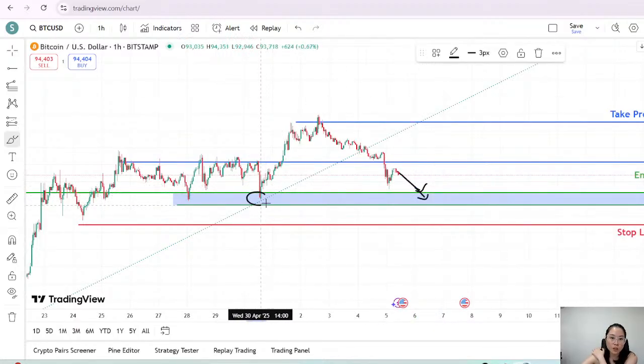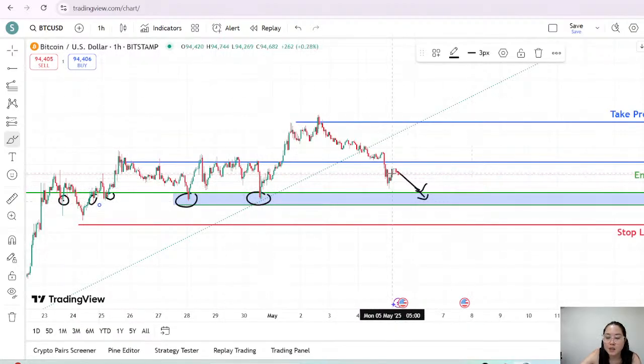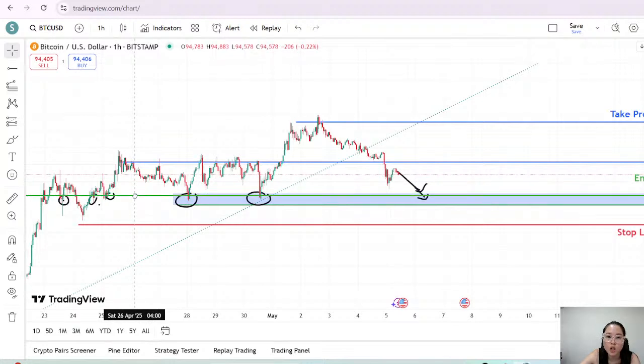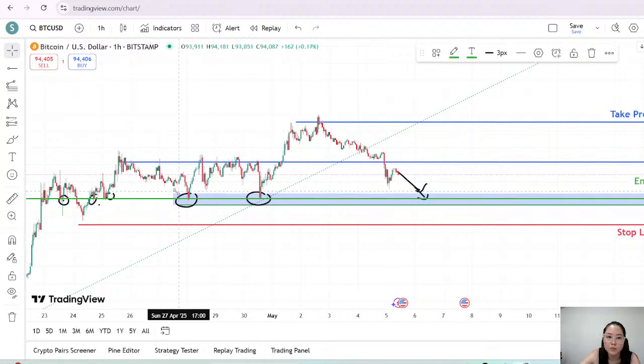We want it to bounce because previously we have seen 5 bounces here: 1, 2, 3, 4, 5 times in the past, price came to this area and it couldn't break this area.